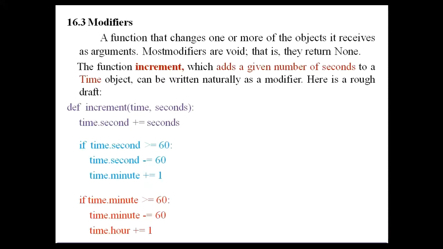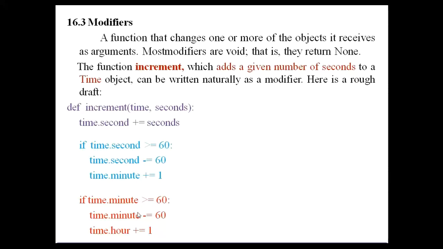That 70 remains in the second attribute, and only one will be added to minutes. Even 70 seconds is not going to represent a proper value. Once again it has to check that condition, and the same procedure has to repeat again and again until its value is lesser than 60.